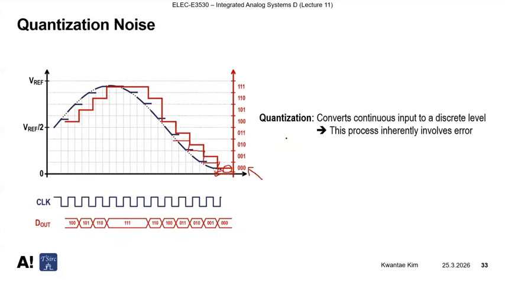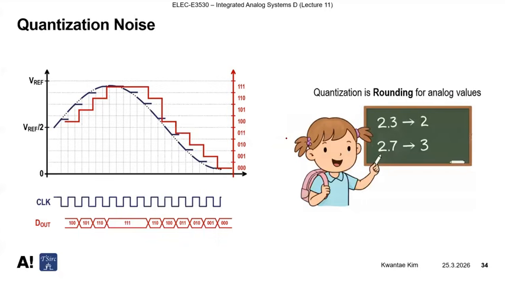This is very obvious if you think about it. Let's go back to elementary school. Quantization is just applying rounding to analog values. So we have a threshold, let's say 2.5. Then we have value 2.3. We round it to 2.